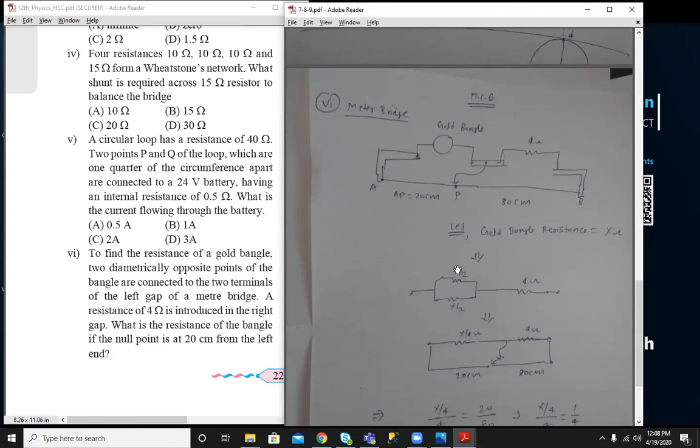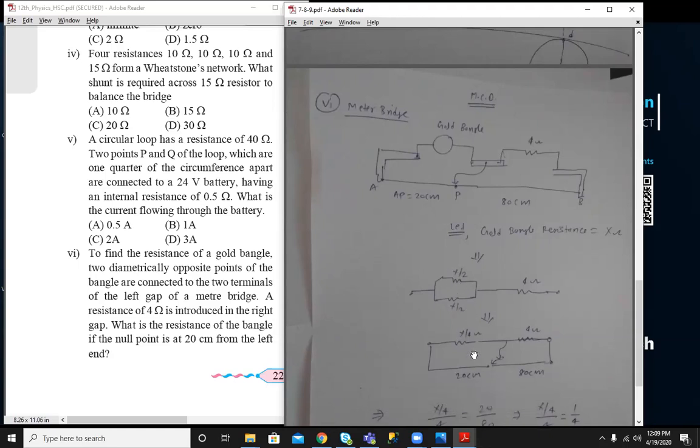So what is the combined left gap resistance? We already saw the formula: if two resistances are in parallel, then Rp equals R1 R2 by R1 plus R2. Here R1 and R2 are both the same. If two equal resistances are in parallel, then the equivalent resistance will be half of the individual resistance.